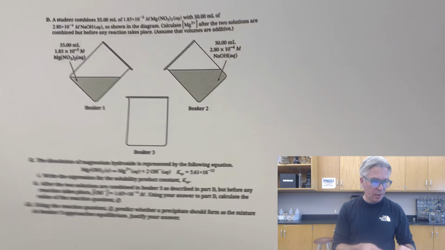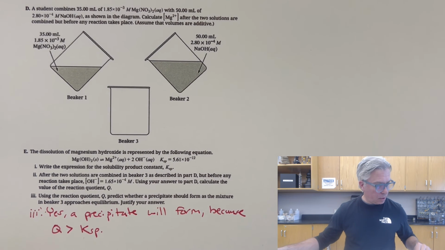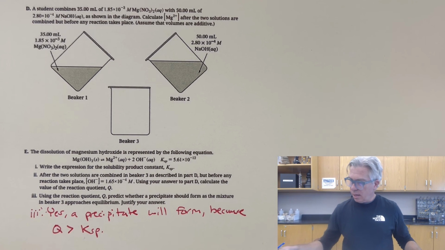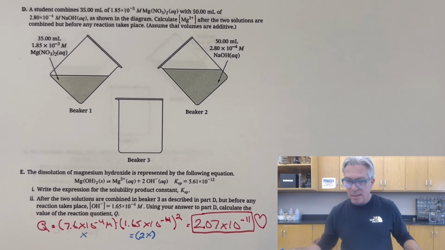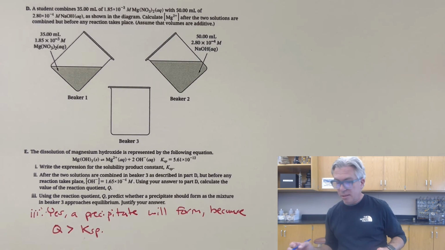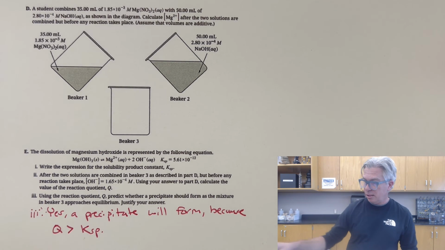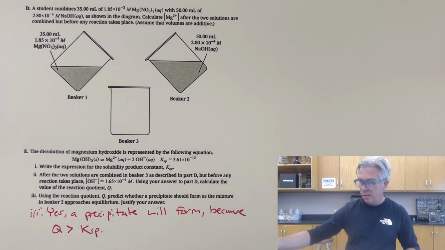But in my case, my Q value was higher than the K value. The K value is 5.61 times 10 to the minus 12. And we got this, which is 10 to the minus 11th, which is bigger. So I said, yes, a precipitate will form because Q, the current concentrations of the ions, is higher than KSP and is going to facilitate some precipitation.